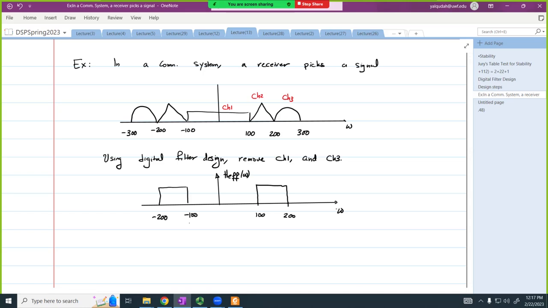It's going to remove everything above 200 and everything below 100. And in the next class, we'll see how this works and the impact of the sampling frequency on this filter. Any questions? Okay, I'll stop here.